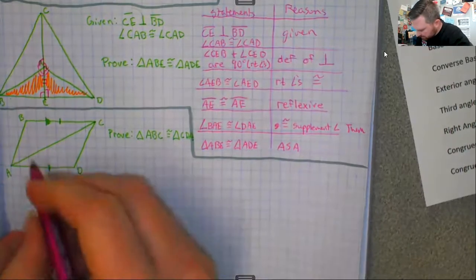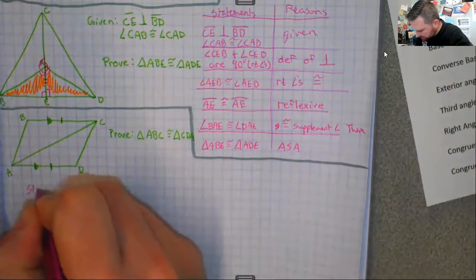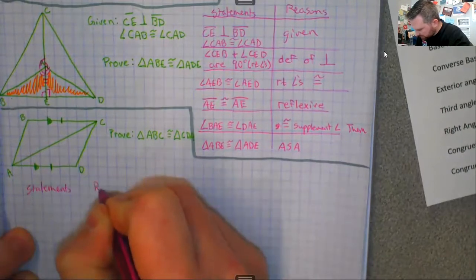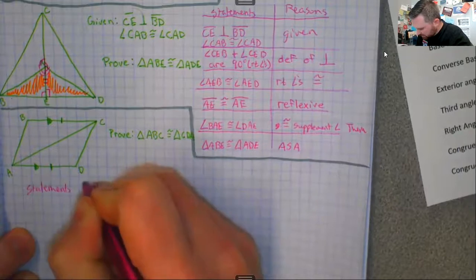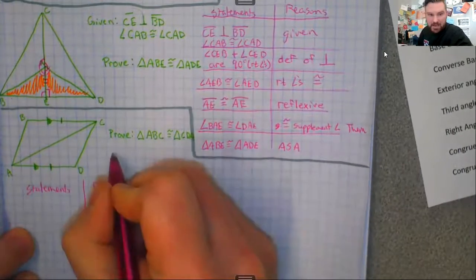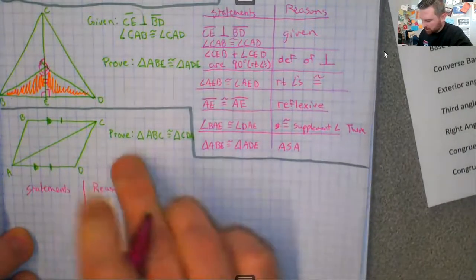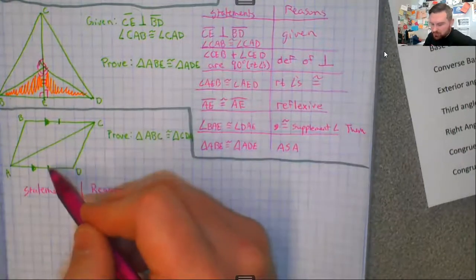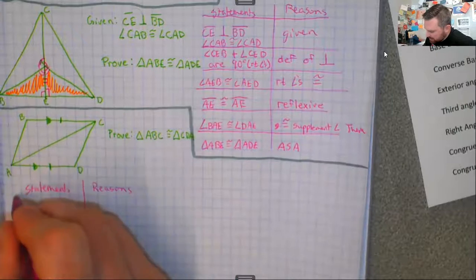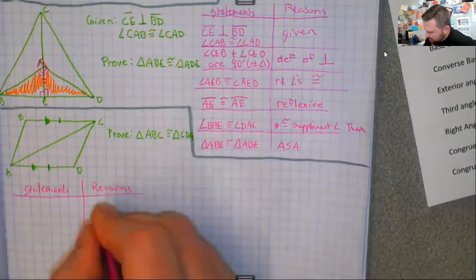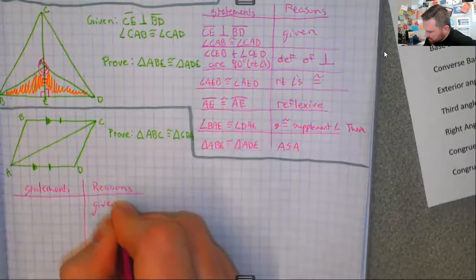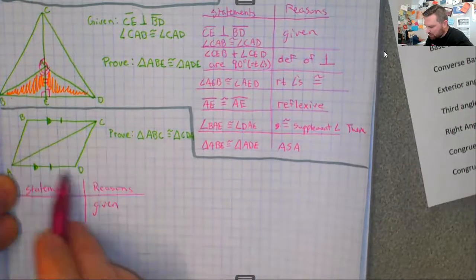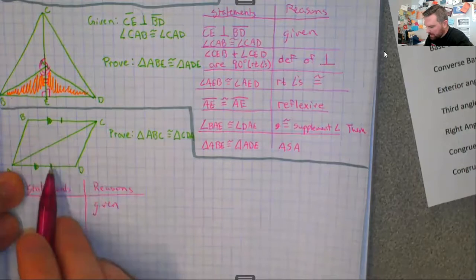So we're going to start our statements and reasons down here. You notice on this one, they didn't have a given part up here. And that's because they gave us information here on this picture. So I still have a given statement and a given reason. My given is that this segment and this segment are both parallel and congruent.